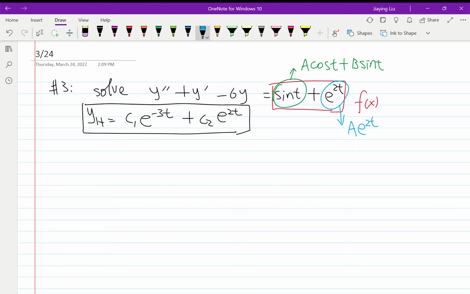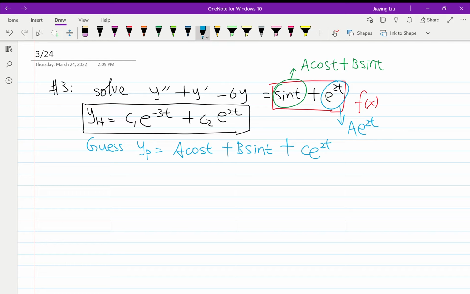So the guess for the particular solution will be a cosine t plus b sine t, and maybe plus c e to the 2t, because f of x is the sum of two functions, so the particular solution should be the sum of those two guesses. But the problem here is that this e to the 2t term already shows up in the homogeneous solution.